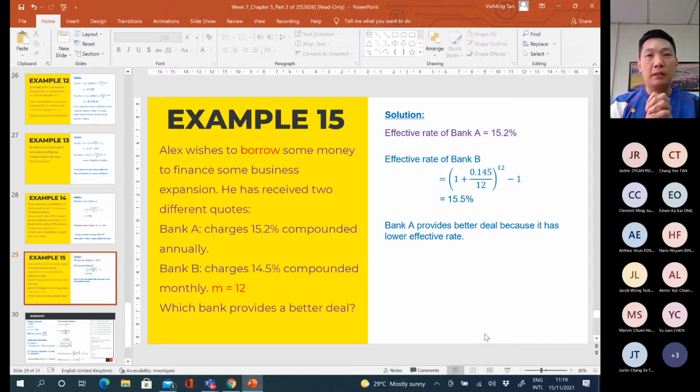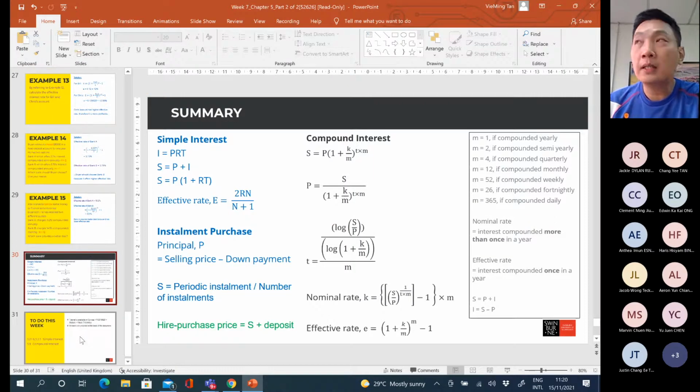We have already done the second part of financial mathematics for today. Generally, today we covered simple interest and compound interest calculation, involving either investment or loan or borrowing. I have done a summary for all of you, since today we learned quite a number of formulas.